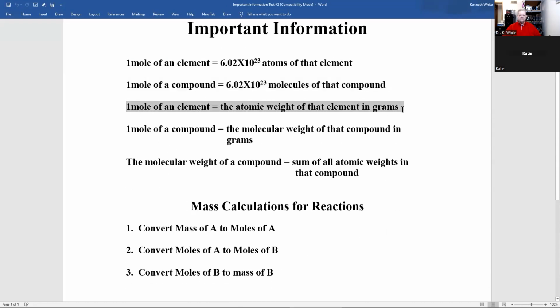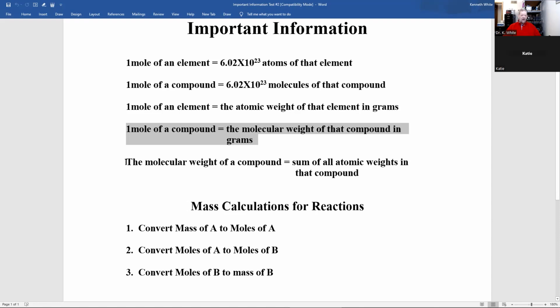And you'll see here something in the past you'd have to memorize, I will give to you. 1 mole of an element equals the atomic weight of that element in grams. 1 mole of a compound equals the molecular weight of that compound in grams.